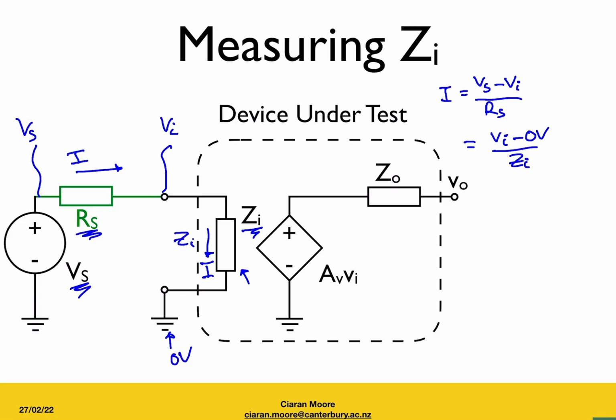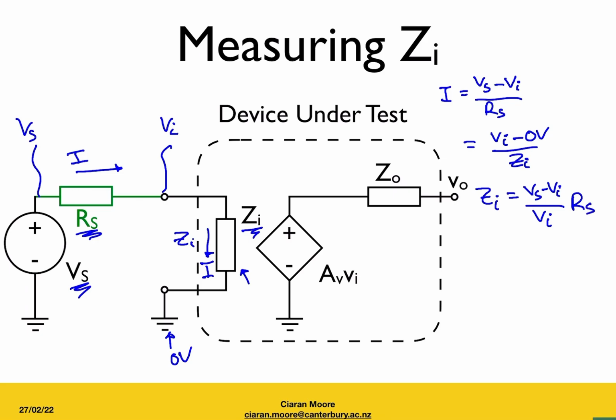Now, these equations for I are equivalent. One of them has Zi in it, so we can rearrange to make Zi the subject. Zi is going to be Vs minus Vi over Vi multiplied by Rs.